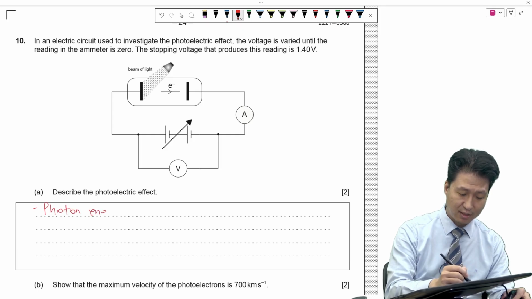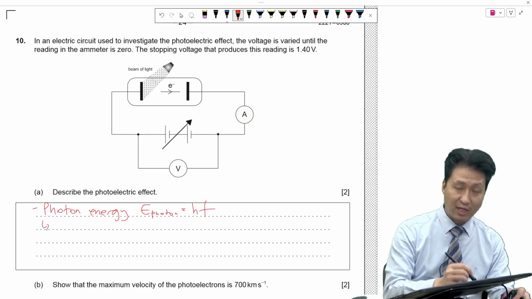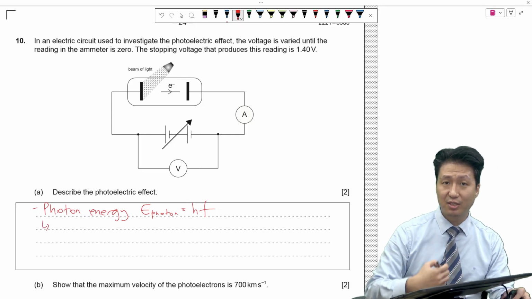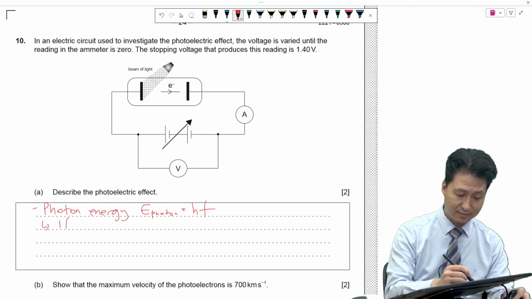Photon energy equals hf. So what happens if this amount of energy is greater than the amount required for an electron to escape? This photon will be absorbed.